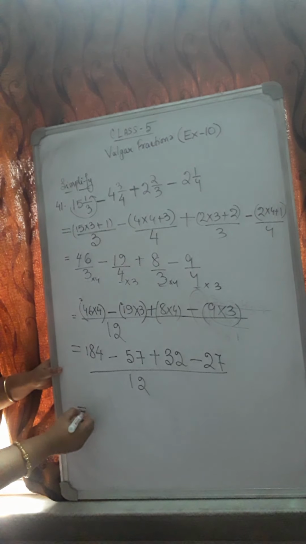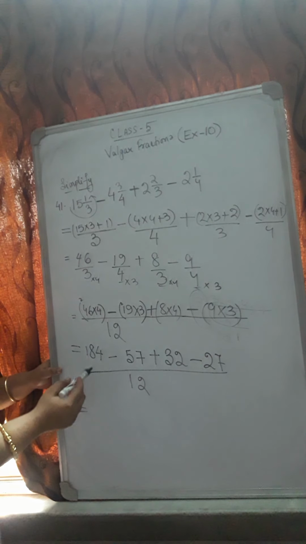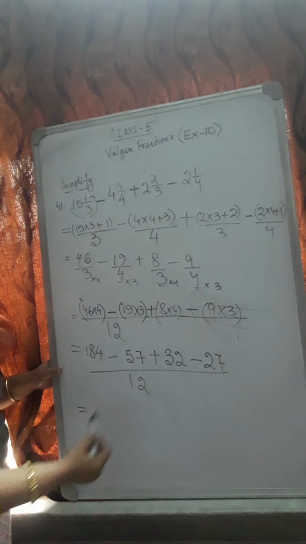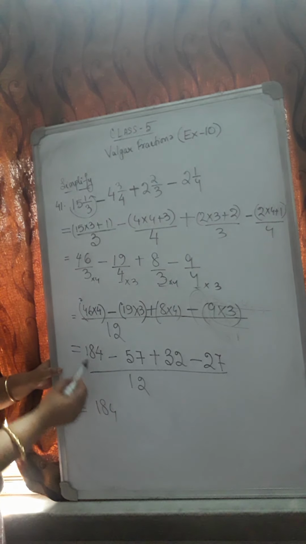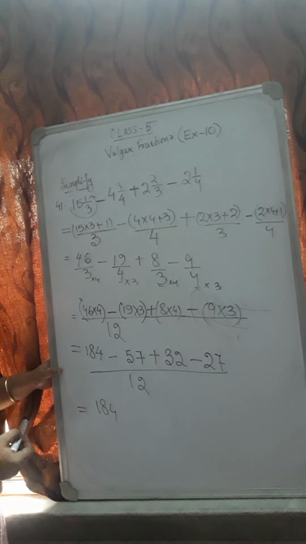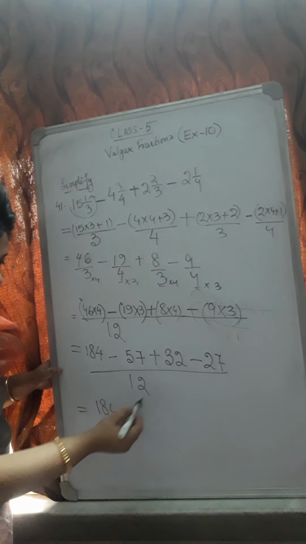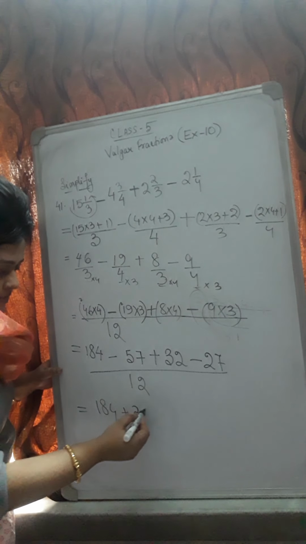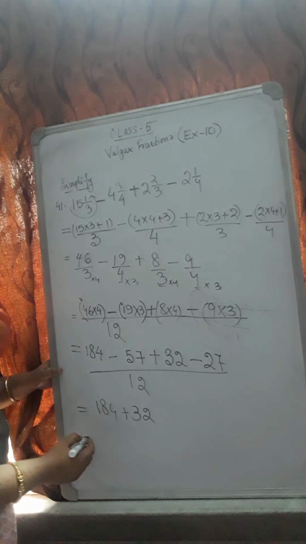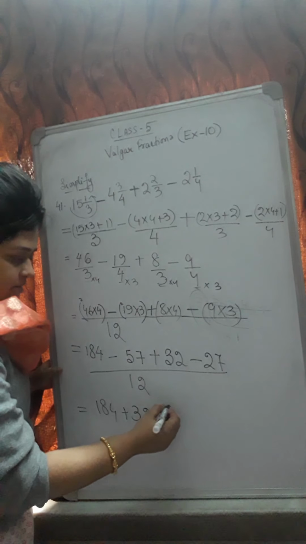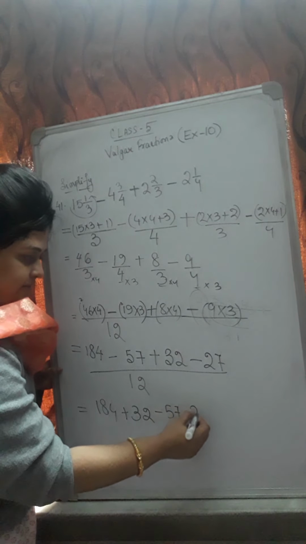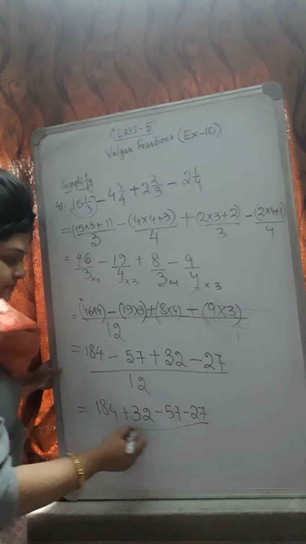Now very simple, you can see multiple addition and subtraction. You will 184, nothing is given in front means it's a positive number. So it is positive number plus another positive number is 32. So you will write the numbers with a positive sign at first and then write the numbers with negative sign together.